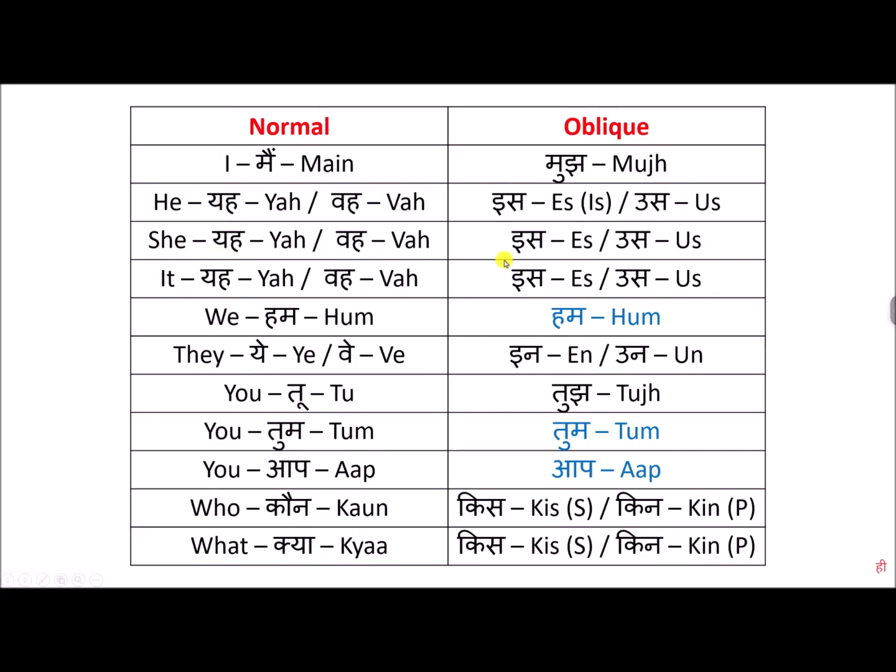Yah is, wah, us. Hum is hum. So here both are same, just like in English, where we have same words in normal and oblique form. Hum is one such word. Hum doesn't change.